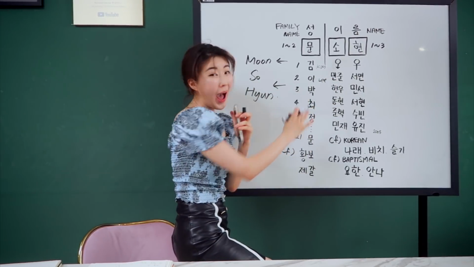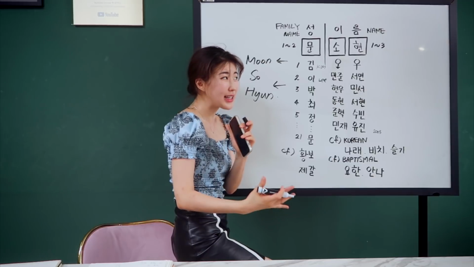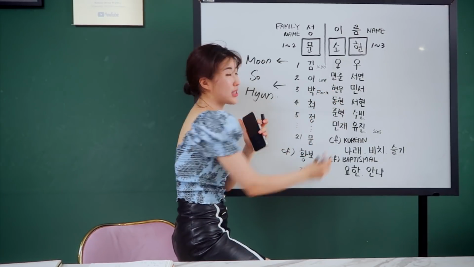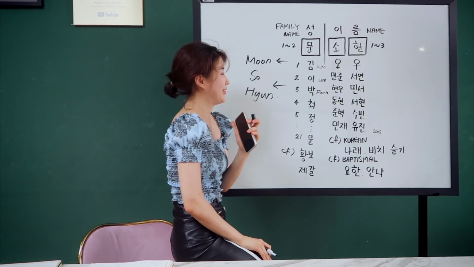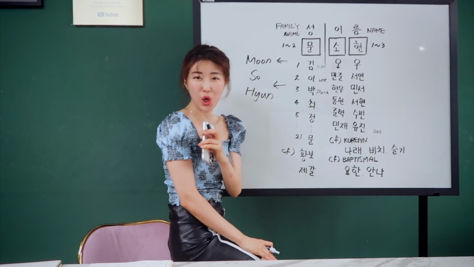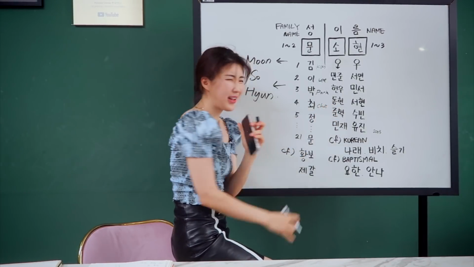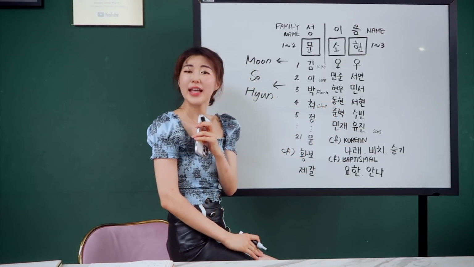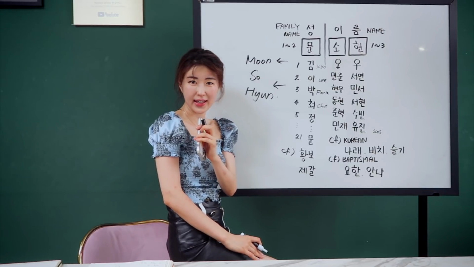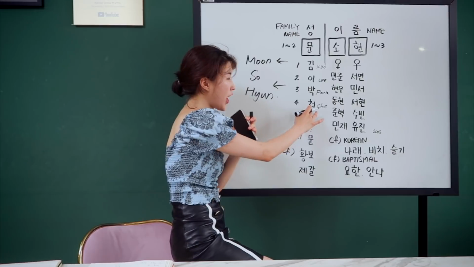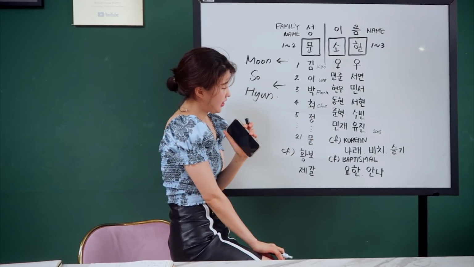Lee, Pak. In English, they write it as Park, but actually, it's pronounced Pak. Next one, Choi. In English, it's written as Choi, but it's not pronounced as Choi. It's Che. Like my friend Sharon Che, she is Che, not Sharon Choi.